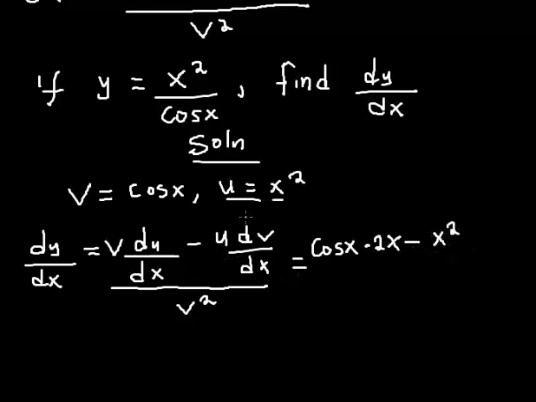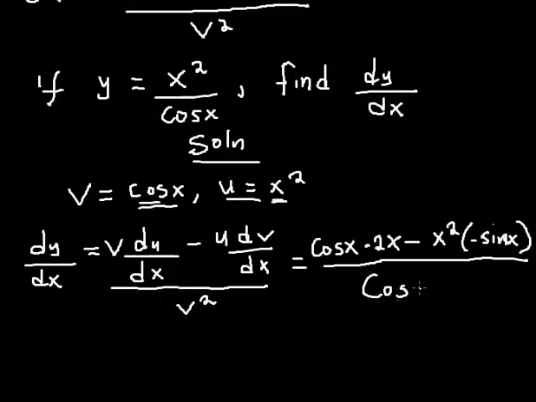So I keep my x squared constant, I differentiate cos x, which in that case means minus sin x. That gives me minus sin x. Then I divide it by v squared, that is cos squared x.